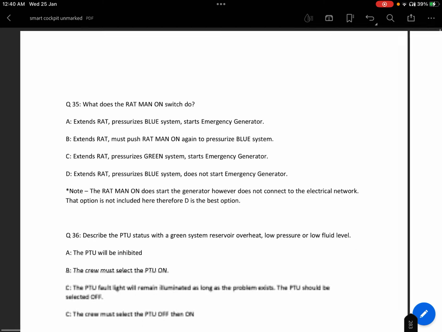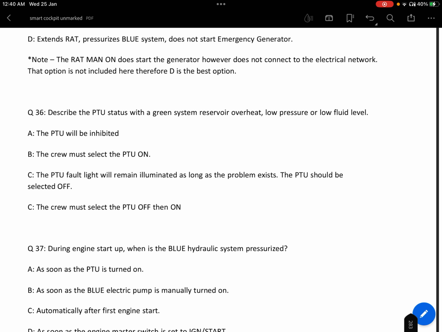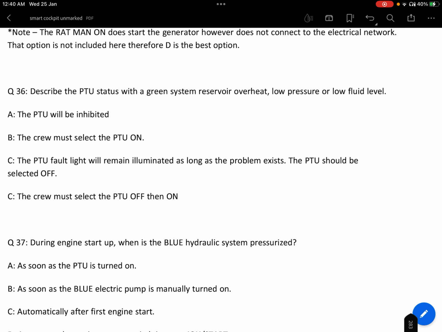This does start the emergency generator, however does not connect the electrical network. That option is not included here, so Delta seems the best option. Yes, I have doubt in this question because this is incomplete, right? It is incomplete.